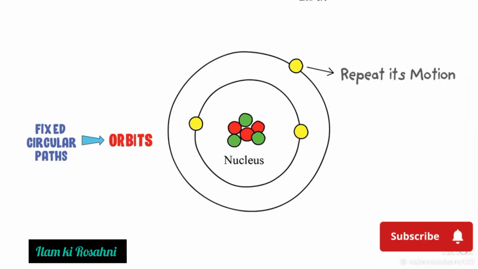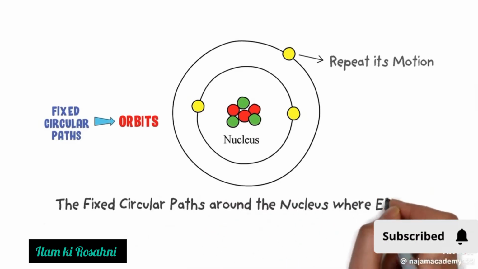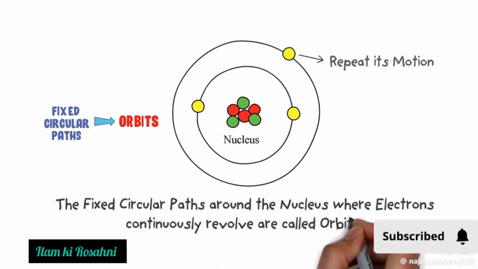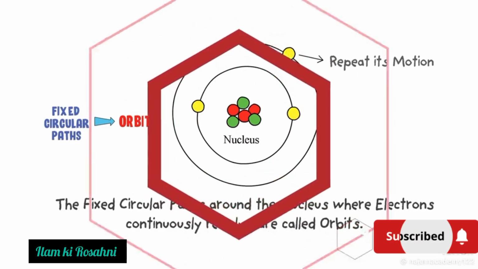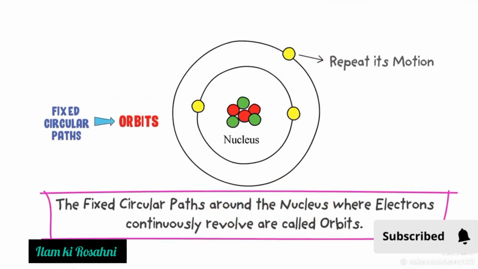Therefore, we define orbits as the fixed circular paths around the nucleus where electrons continuously revolve. Let me repeat it. The fixed circular paths around the nucleus where electrons continuously revolve are called orbits.